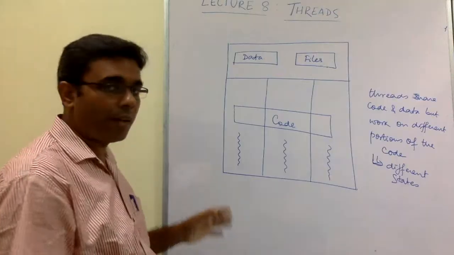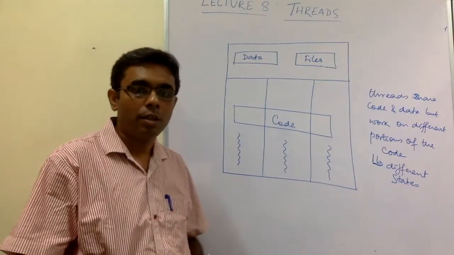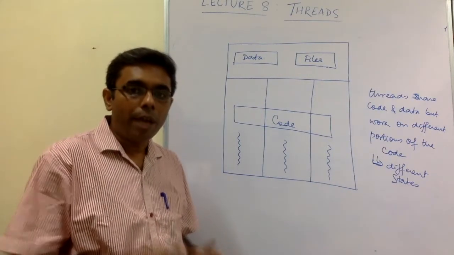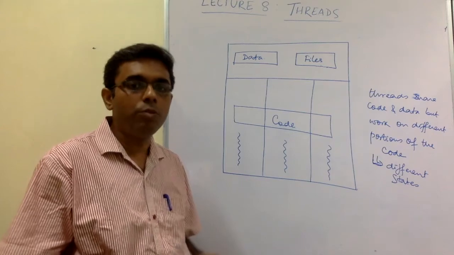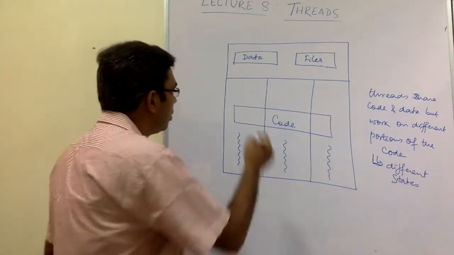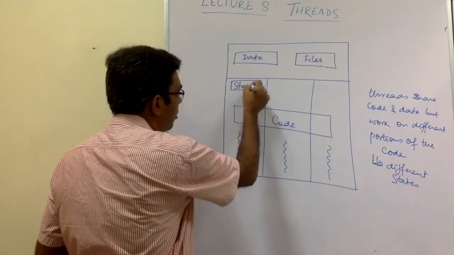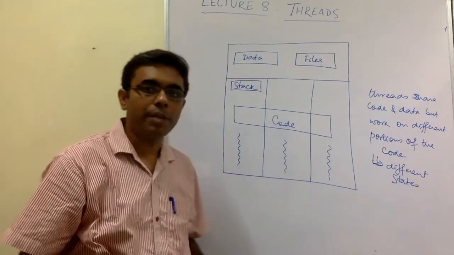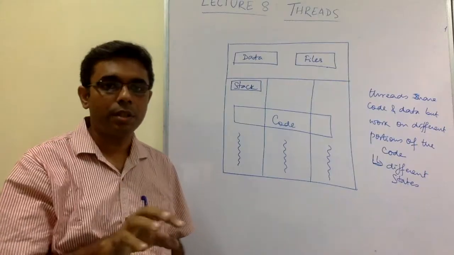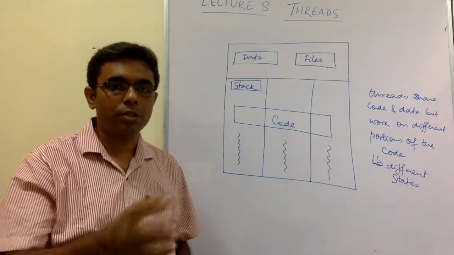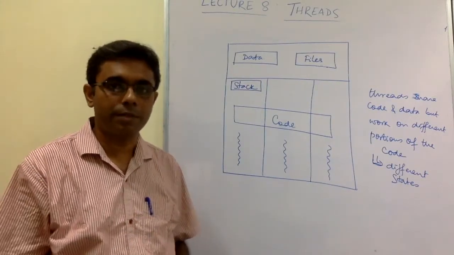Obviously, they will be saved in some stack area. That means every thread must have a unique stack area. Each thread has a separate stack where it saves the state the moment there's a context switch between the threads.